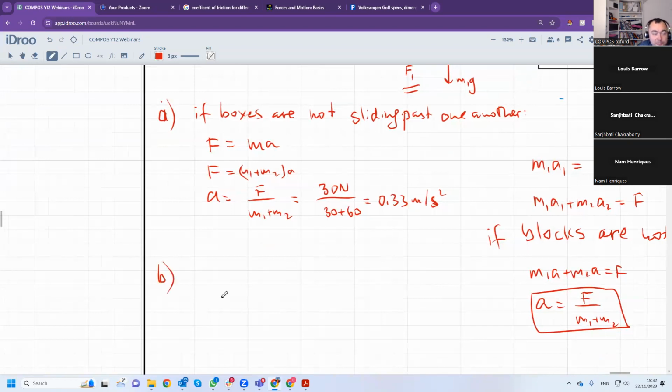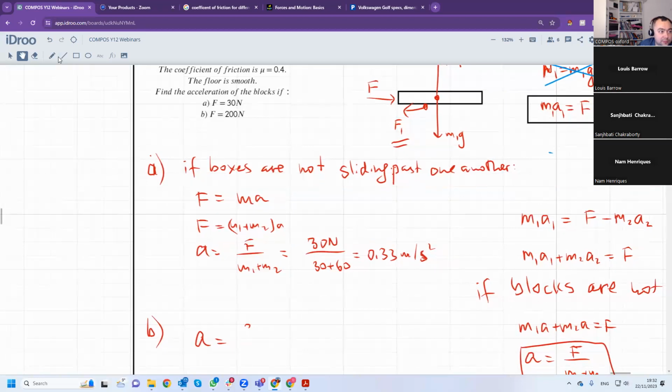Now for B, if we apply the same principle here, acceleration is F, which is 200 newtons, divided by 30 plus 60. Sorry, I'm doing it the wrong way around.